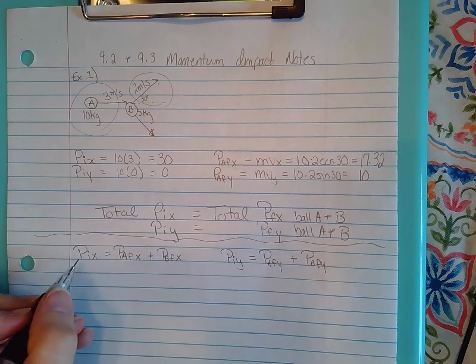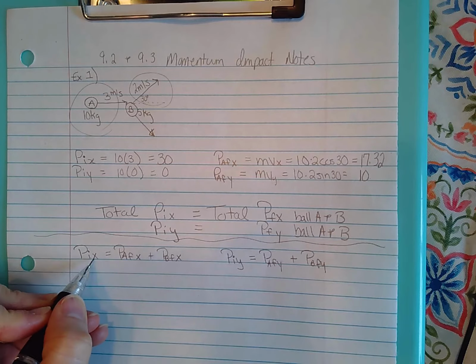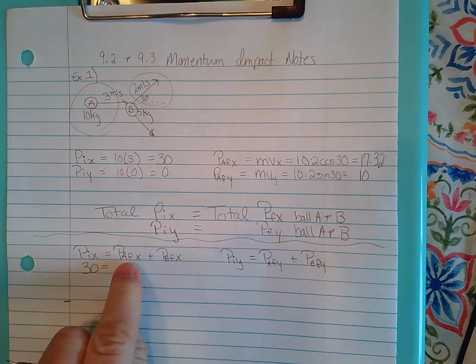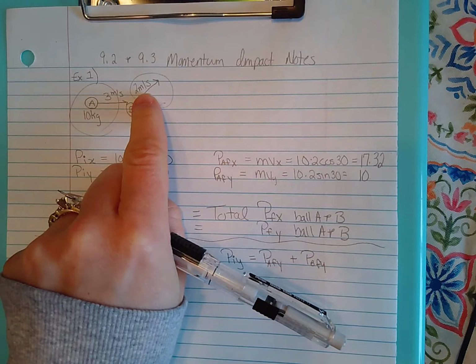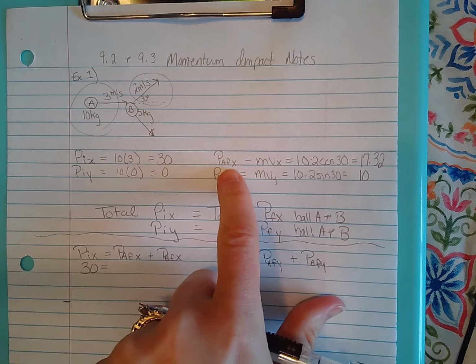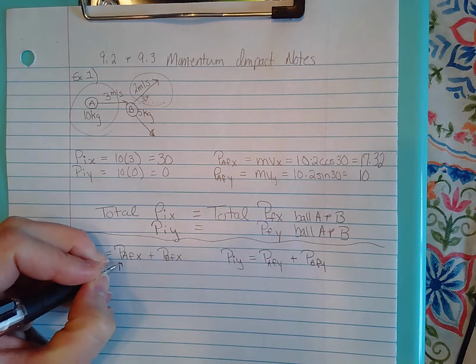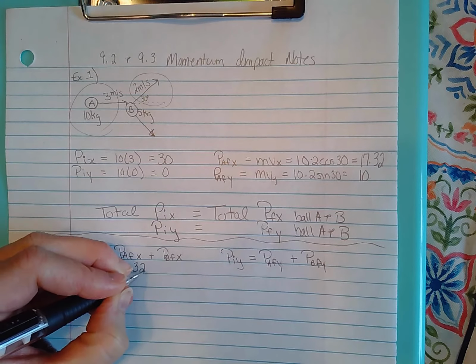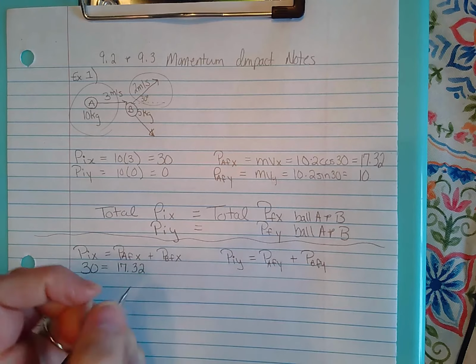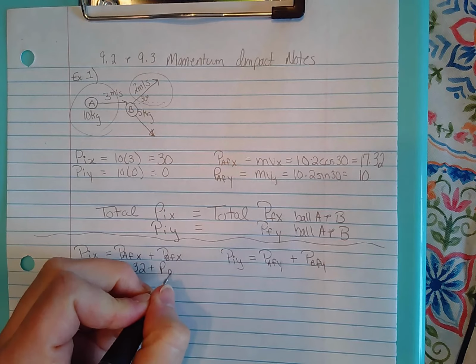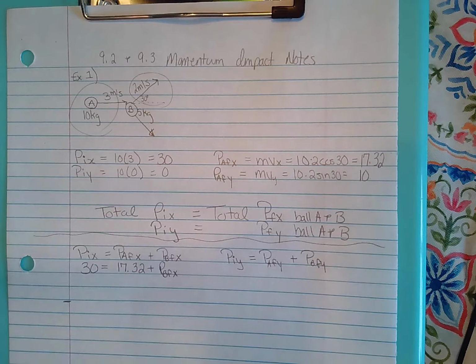All right, so the initial momentum in the x direction was 30. And because we knew the velocity, we were able to say that the final momentum of A in the x direction was 17.32. And we were not able yet to calculate the final momentum of B in the x direction. So I'm just going to write final momentum of B in the x direction. I might be labeling these weird, but to me that makes sense.